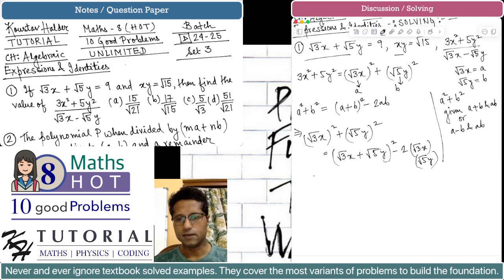Now the right hand side root 3x plus root 5y is already given to be 9.